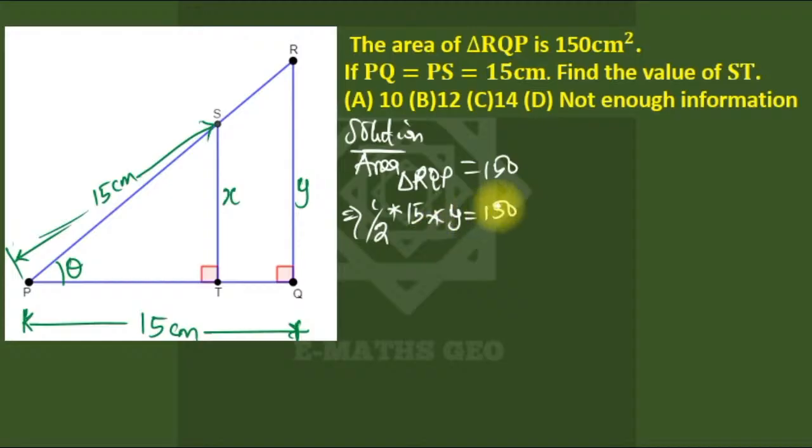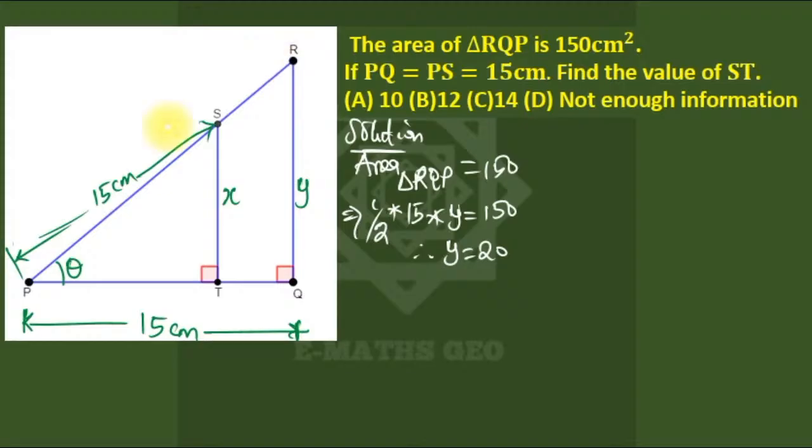Yes. So what do you see? You see that y will be 20. So y is 20. With y being 20, we can get PR.